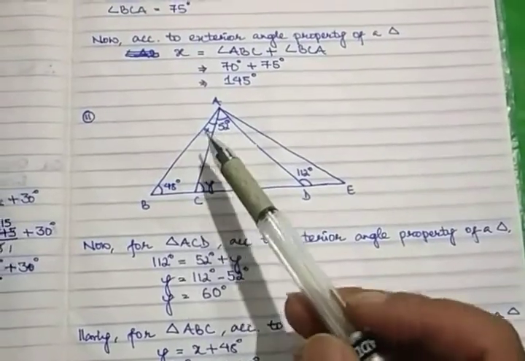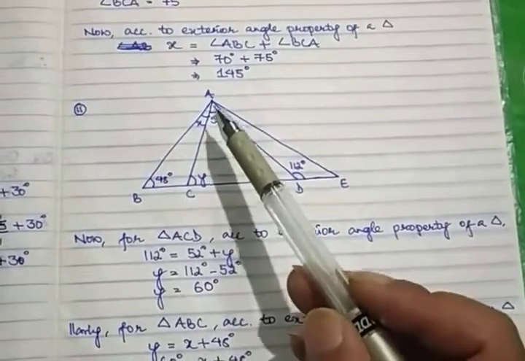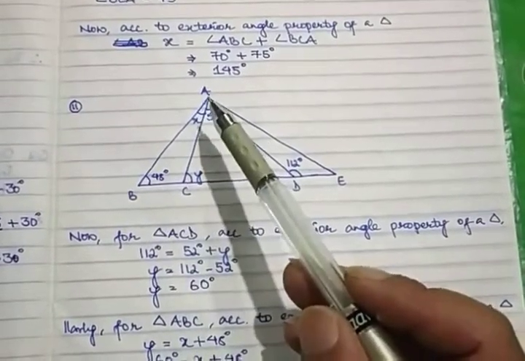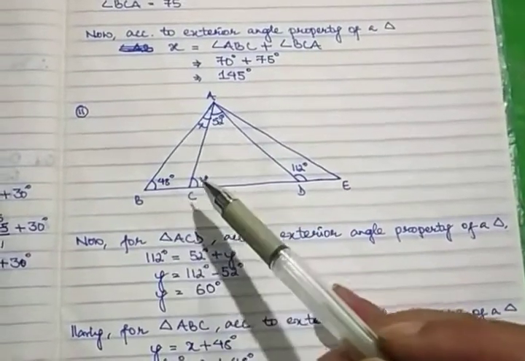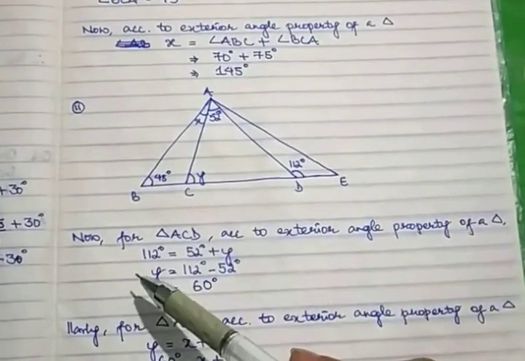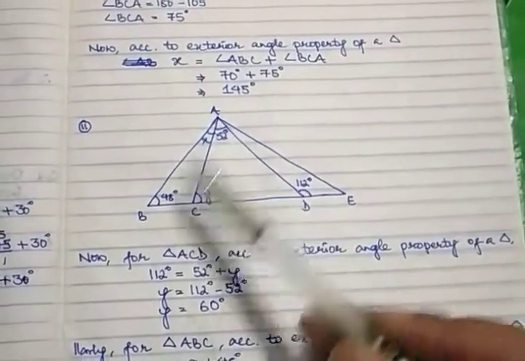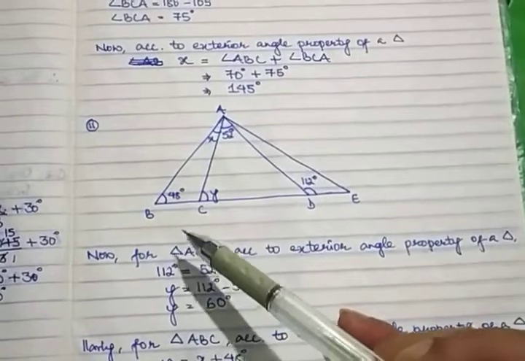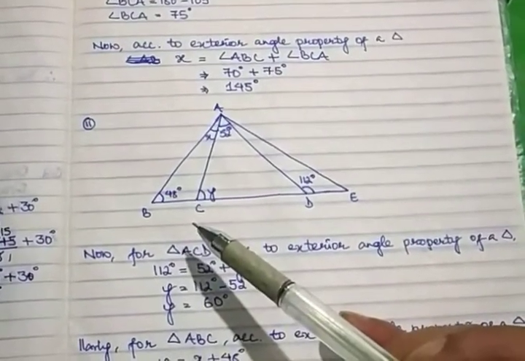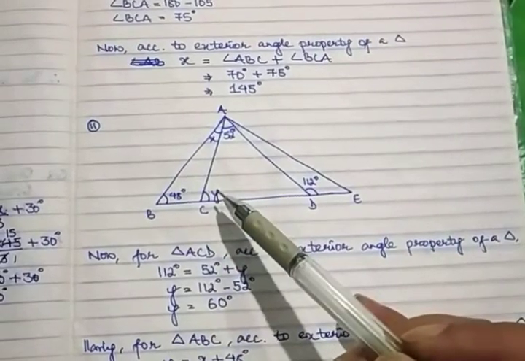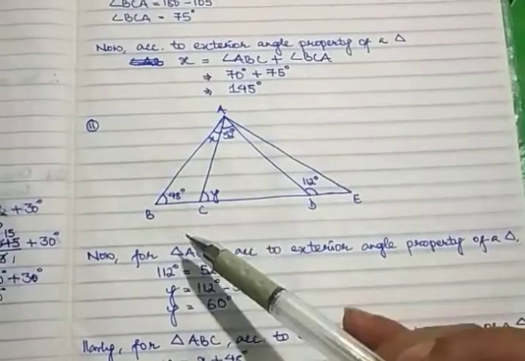Now again, I see x out here and 48 in here. Look at triangle ABC. ABC is also a triangle, isn't it? For this triangle, y is the exterior angle. This is how you need to look at the figure. Again, according to the same exterior angle property, the exterior angle will be equal to the sum of its interior opposite angles, which are 48 and x.